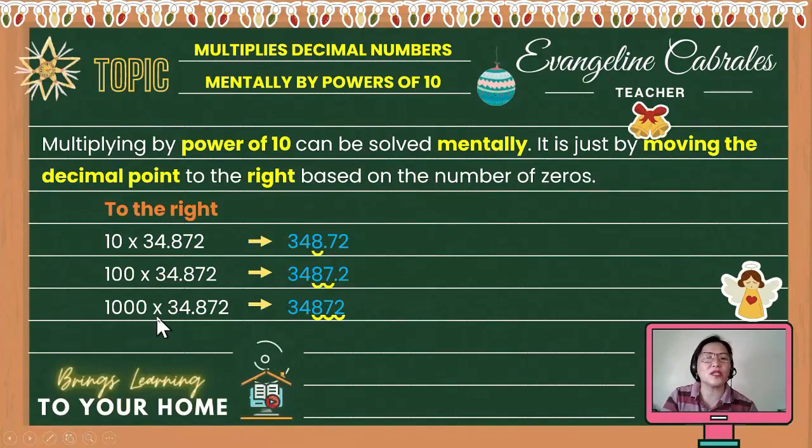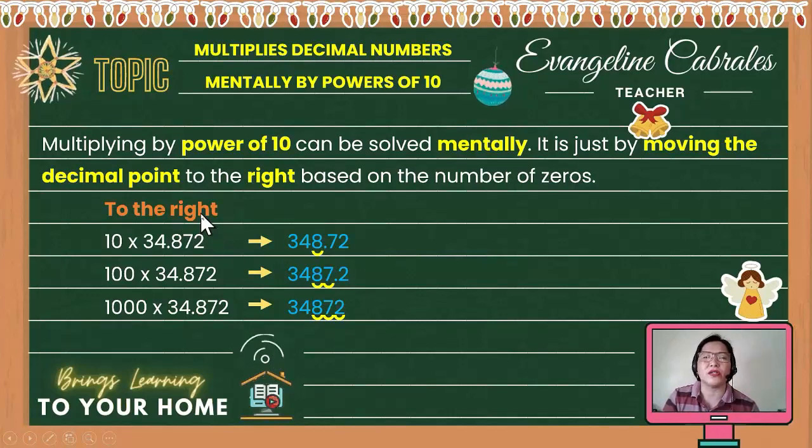And 1,000 times 34 and 872 thousandths equals 34,872. Ulit, kapag ang iyong imumultiply ay 10, 100, at 1,000, papunta saan ang decimal point?